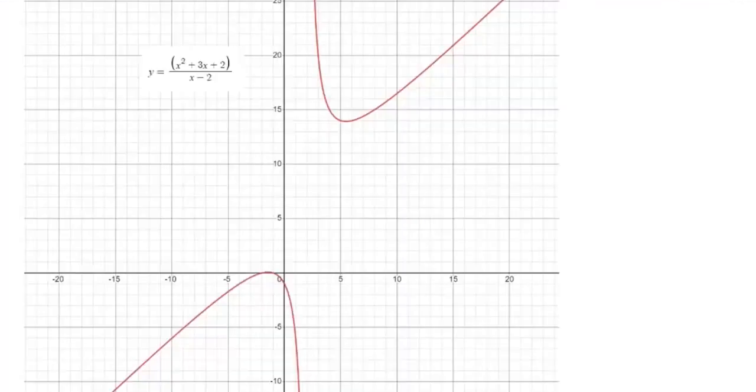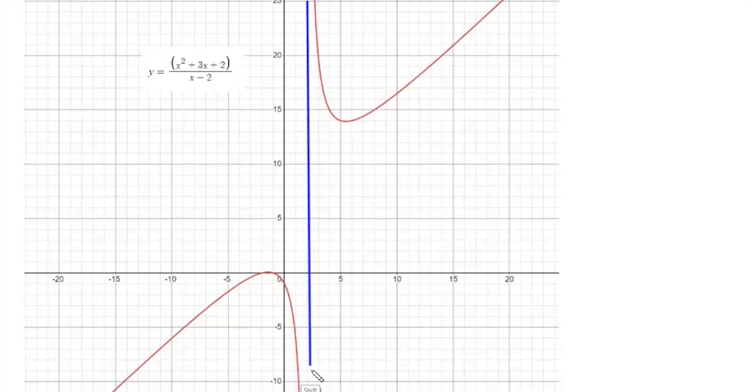Now if we look at the graph of this function in Desmos, then we can see there is no horizontal asymptote, as when x tends to minus infinity, this graph approaches minus infinity, and as x tends to plus infinity, this graph approaches plus infinity. So there is no horizontal asymptote. And at x equals 2, we have this vertical asymptote. So for these two branches, on the left hand side, this limit is minus infinity, and on the right hand side, this limit is plus infinity.